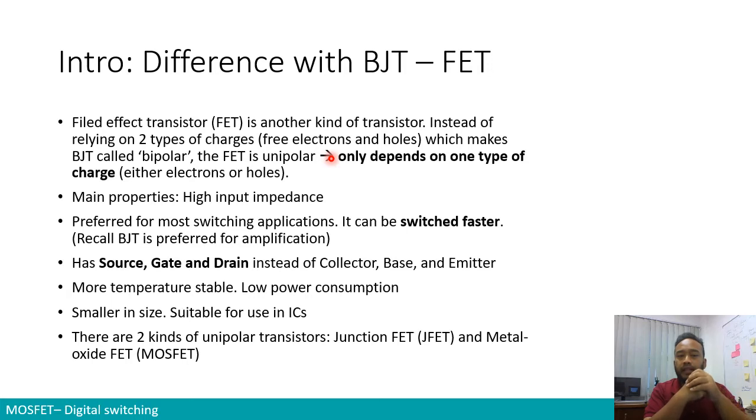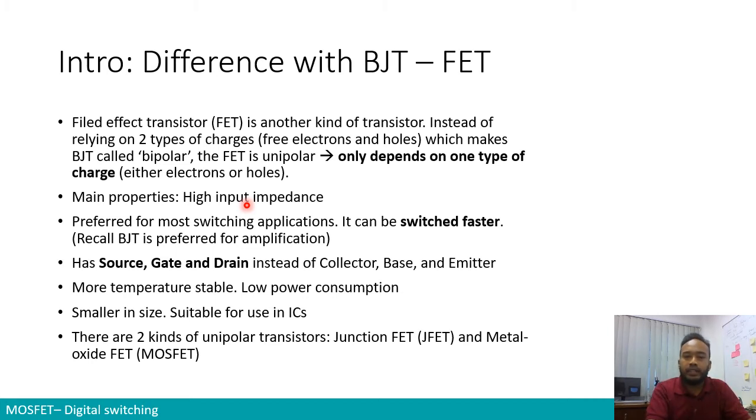And in fact, the BJT was called bipolar junction transistor because of its nature of having two types of charges, free electrons and free holes. The main property of a FET, field effect transistor, is that it has a high input impedance. So instead of having a base, now it is called a gate.